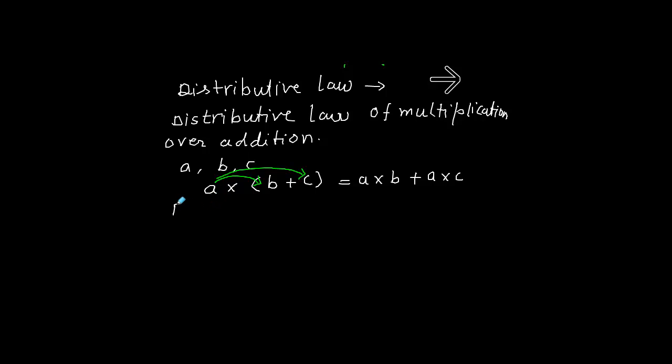For example, if I have given you 5 times (24 plus 20). So you can multiply 5 and 24 plus 5 and 20.